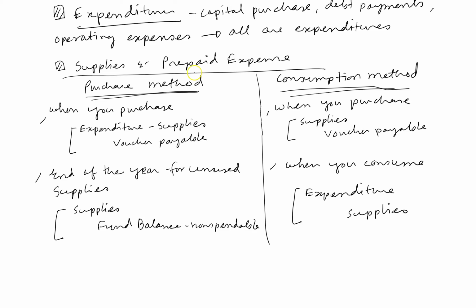Under the purchase method, when you purchase the inventory, you show the whole amount as an expenditure. So you debit expenditures, which you can label expenditure for supplies, and then you credit vouchers payable.